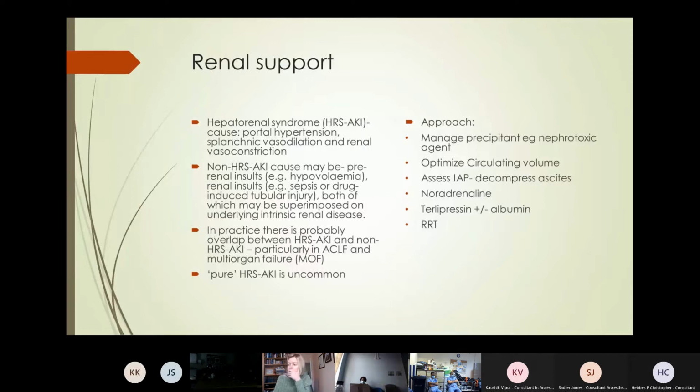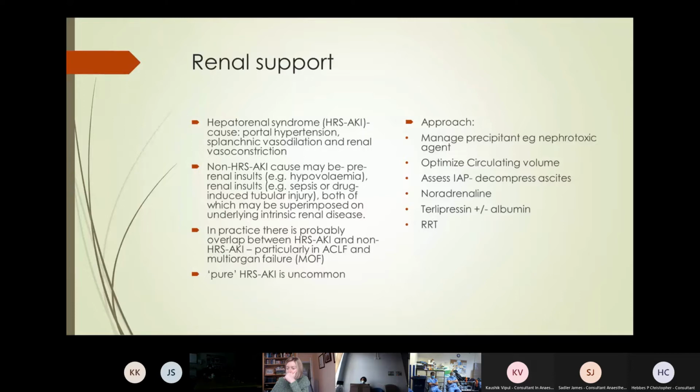The next thing you need to think of is terlipressin and albumin. You can use terlipressin alone, but a meta-analysis showed that there's a better outcome when you use terlipressin and albumin. Why?